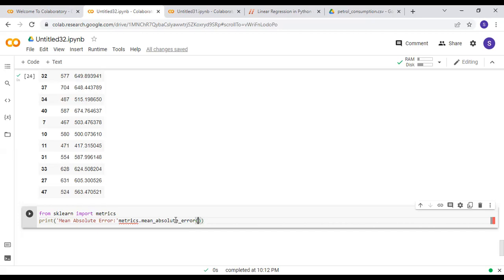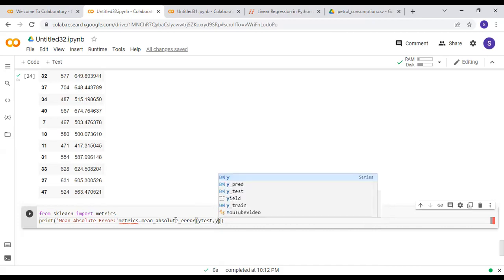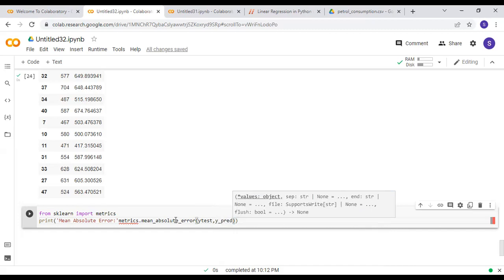How much error is created with the predicted value and the y test? So we will write y test, y pred.